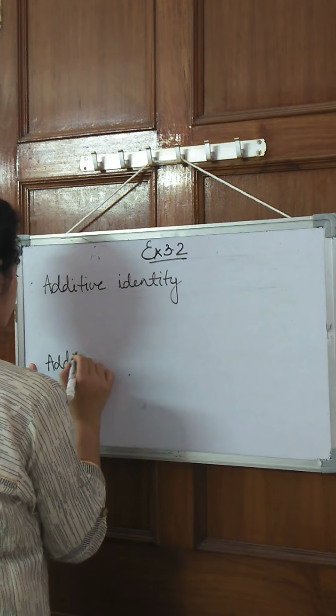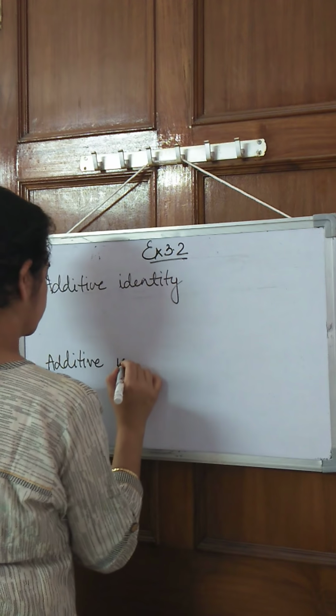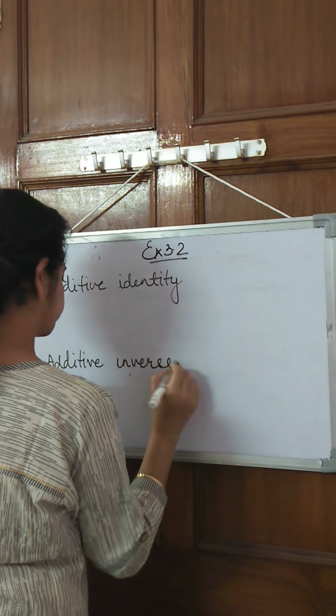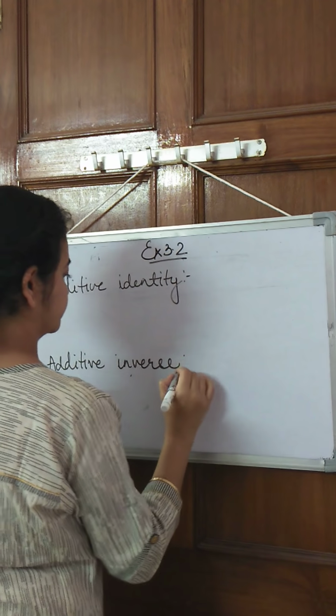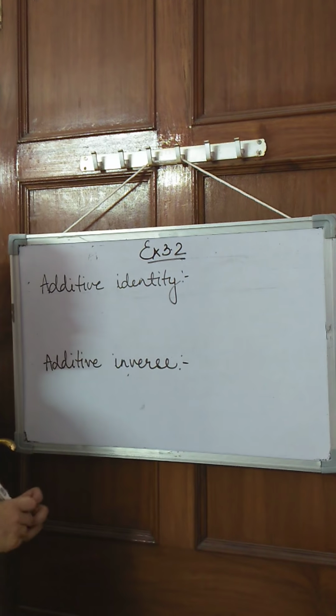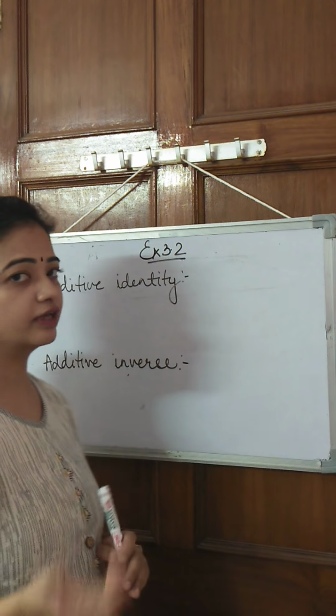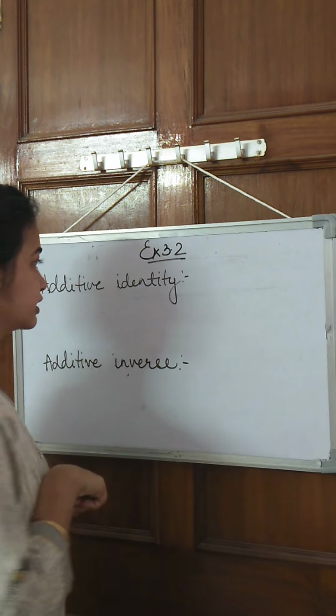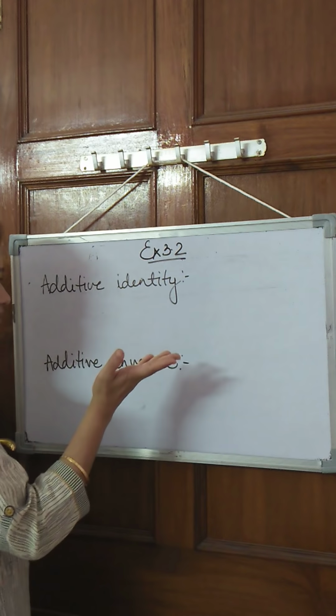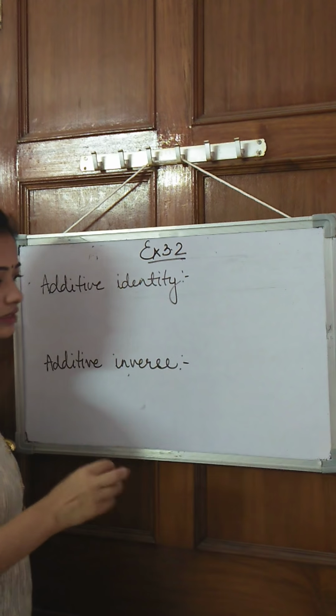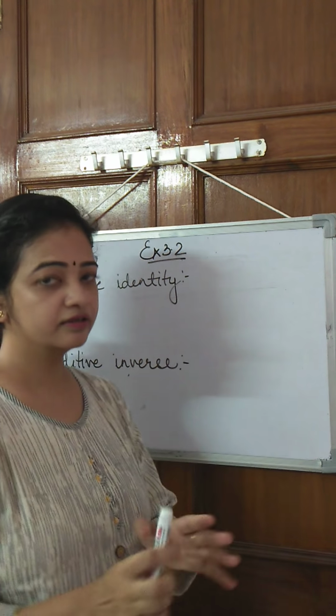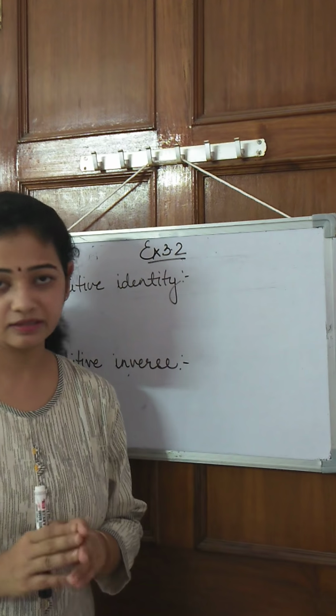You should know what are these. Identity means you have your identity card which reflects your photograph. So additive means add something, and identity means whatever is there remains the same, isn't it?